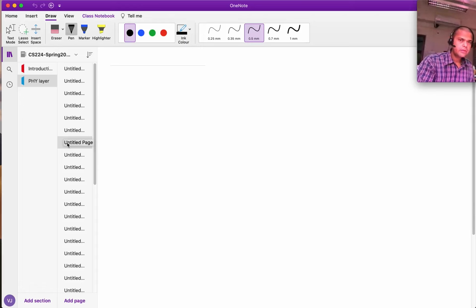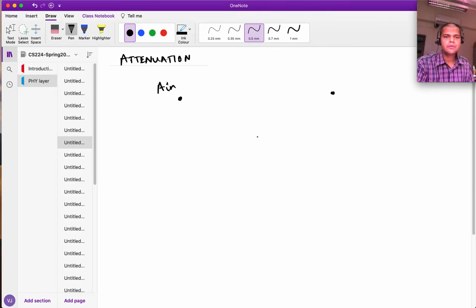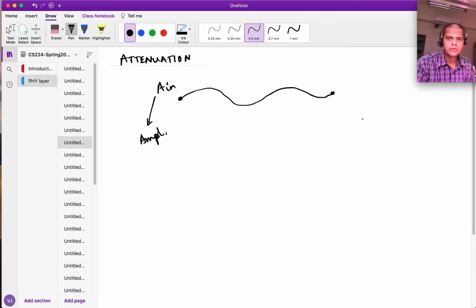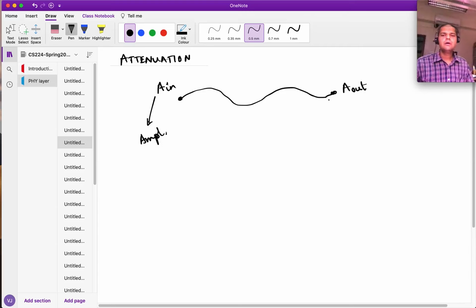So let's talk a little bit about attenuation. Suppose you have a wire over here, and let's say this is the input. Let's say that I am sending a signal with a particular amplitude here, and let's say there is a cable going across, and at this end you have some amplitude A out.